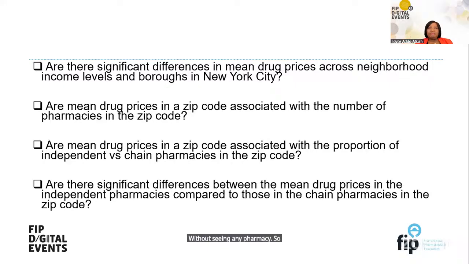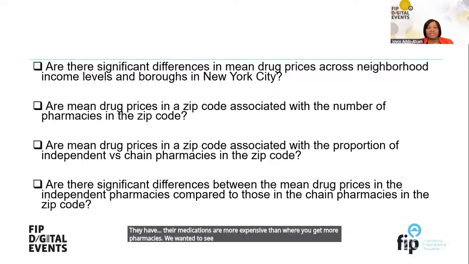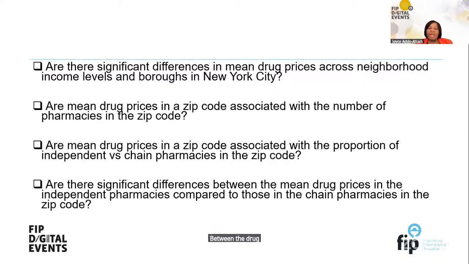So if these isolated pharmacies' medications are more expensive than where you get more pharmacies, we wanted to see whether there's any difference between the drug prices depending on the number of pharmacies in that zip code.